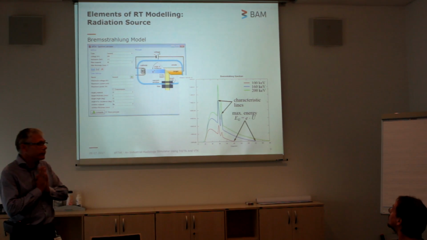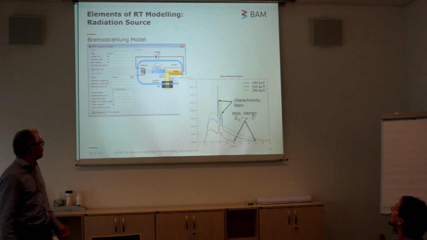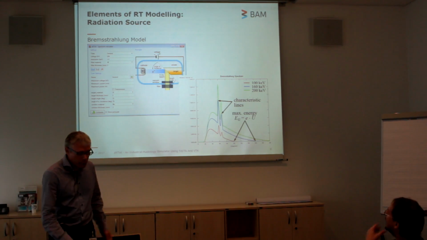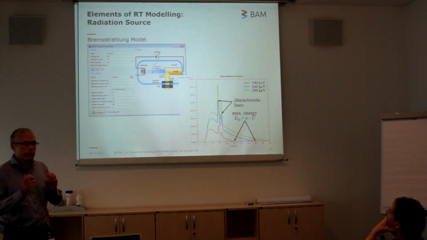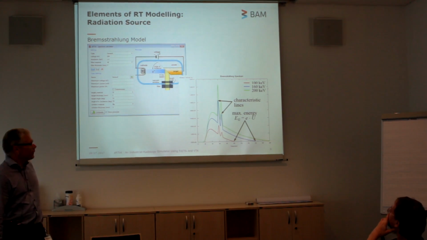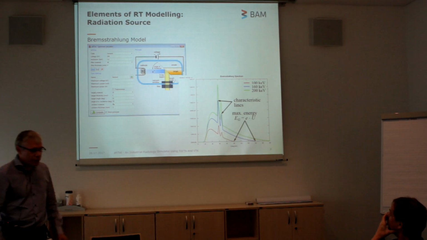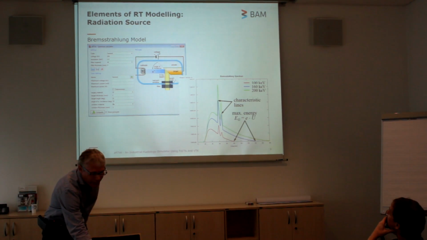The first model is a physical model, the X-ray generation, so we can define the tube parameters, where we have accelerated electrons hitting a target and producing Bremsstrahlung.